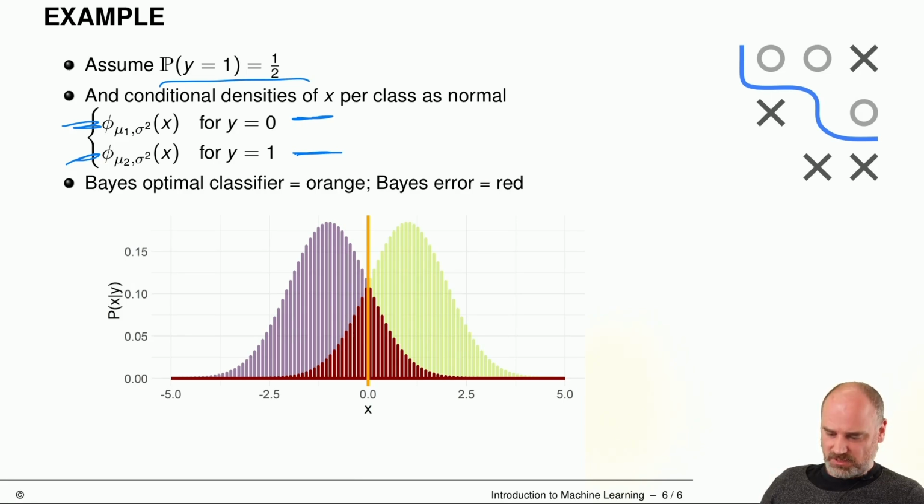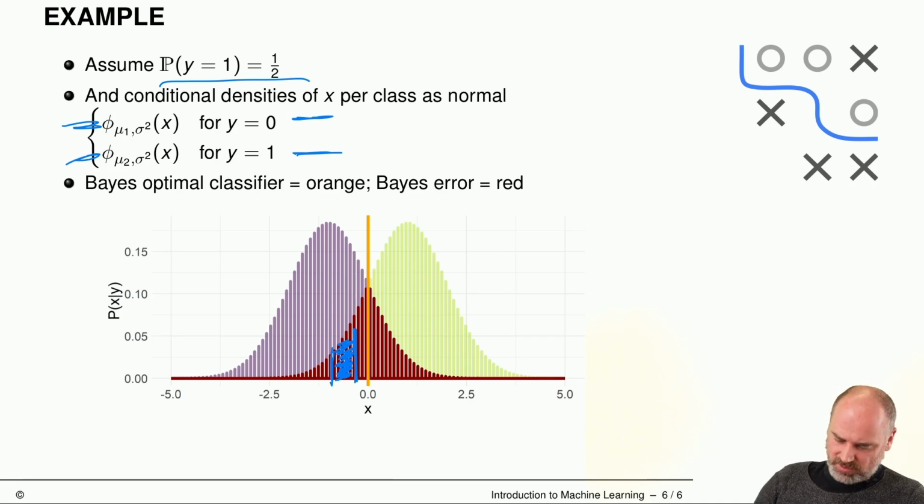The other thing is we can also now talk about what the Bayes error rate is. The Bayes error rate is exactly this reddish area here. If we are in a certain feature region, here, then this is the probability of us being wrong, right?